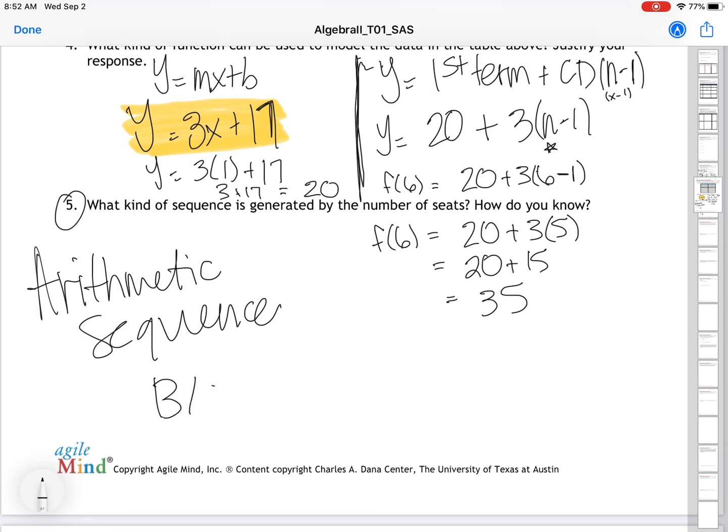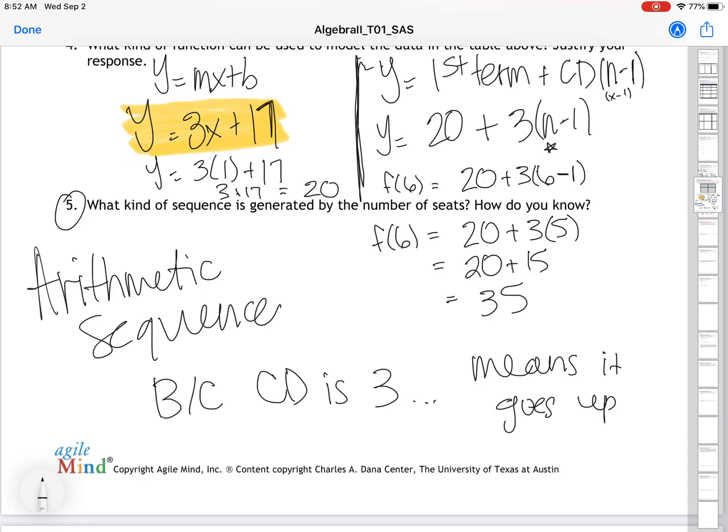We know that because the common difference is 3. This means it goes up by 3 each time. Okay? Simple as that.